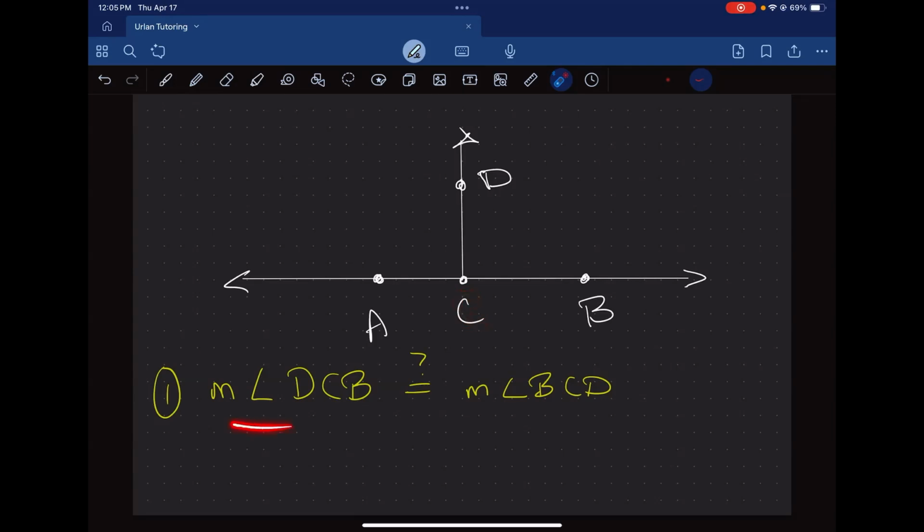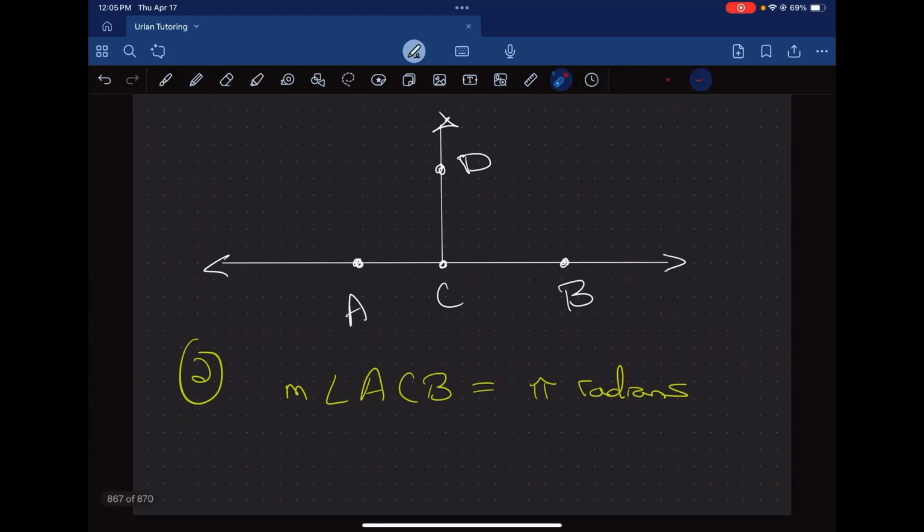The measure of the angle is always going to be the same when we're looking at a geometric object like this. When the center and the outside points are the exact same, it doesn't matter what order they're in. So yes, this is true, and we can erase this question mark.